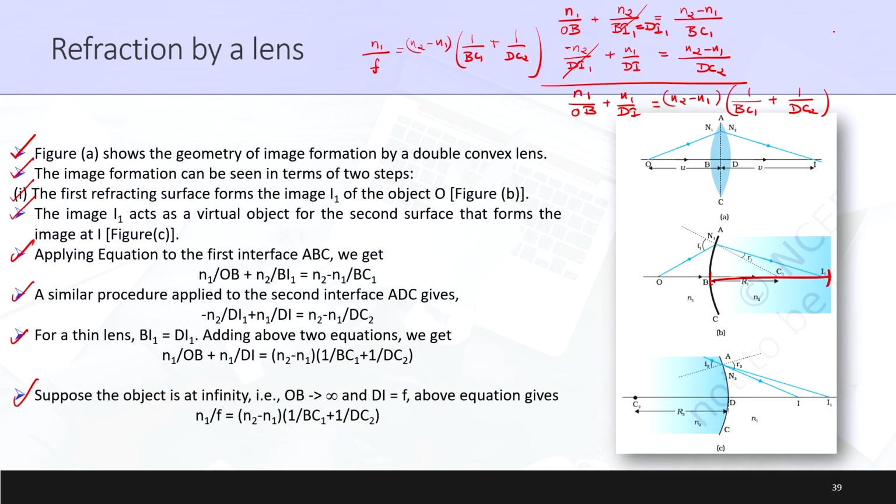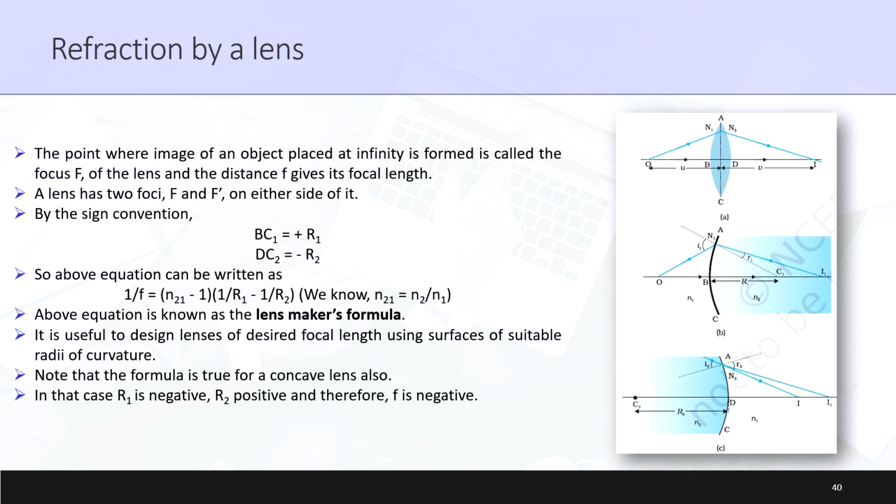Now, you are substituting these things here. So, you will get n1 by f is equal to n2 minus n1 into 1 by BC1, which is plus R1 for you, plus 1 by DC2, where DC2 is minus R2 for you.